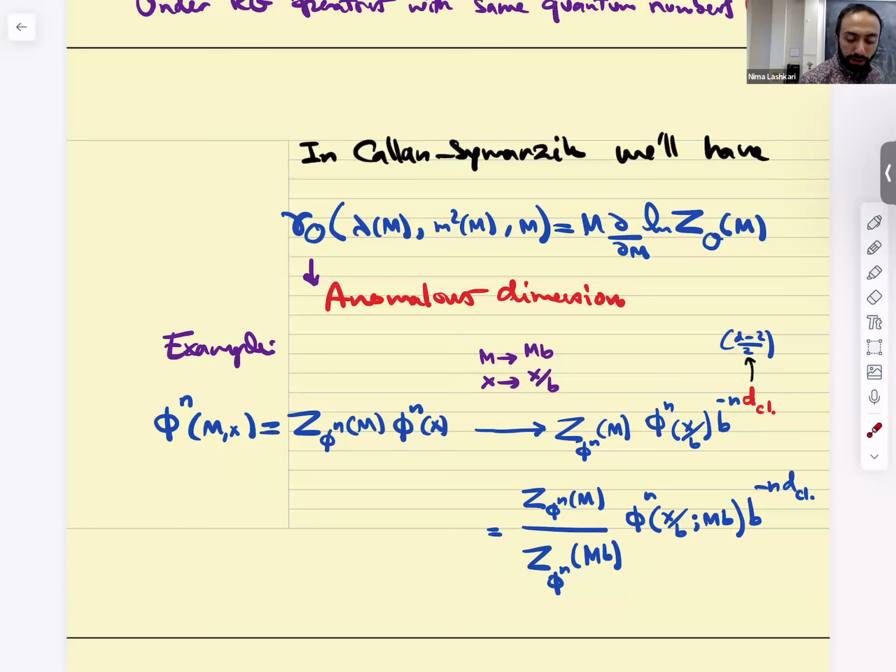This operator, by definition, is Z of phi n of m times phi naught n of x. Good. I'm going to do an RG transformation: m goes to m b, x goes to x over b. Under that transformation, this Z is just a number. It's untouched. Phi naught n of x under this transformation transforms canonically with the dimension that is in the UV, because this is a UV beast. I should put zeros here.